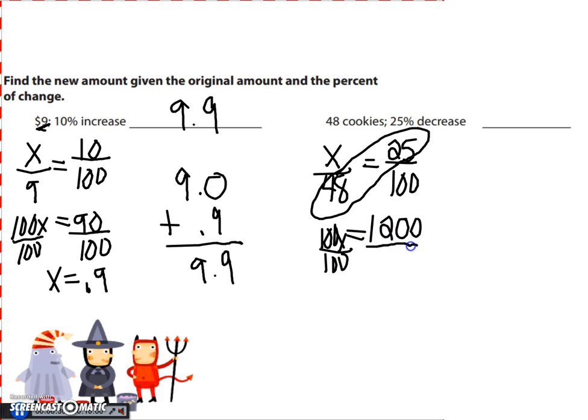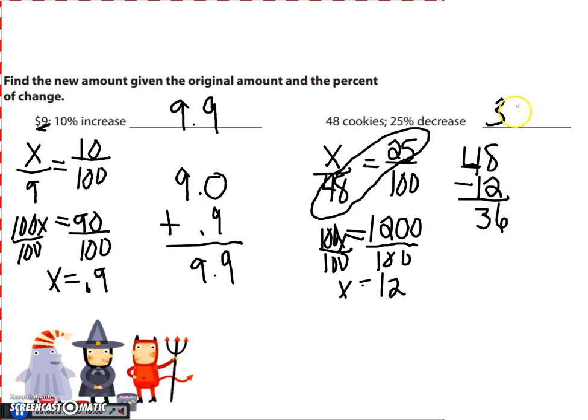And 1,200 divided by 100 is going to be 12. Now this time it's a percent decrease. So we are going to do 48 minus 12. So 8 minus 2 is 6. 4 minus 1 is 3. So 36 is the percent decrease from 48 cookies. All right.